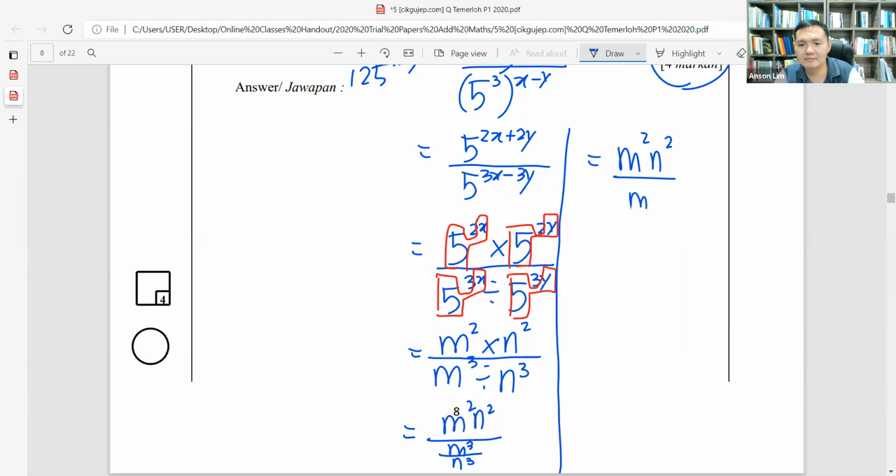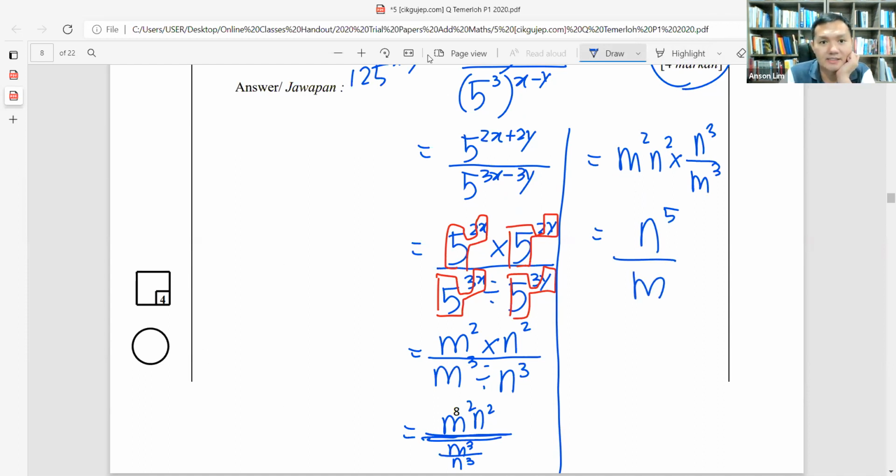Divide by m cube, divide means times. Some of you divide by this, or you straight away change to times. I already changed like that: divide changes to times, this one upside down. Then you can see, cut. You can cut directly. So n power 5 over m.